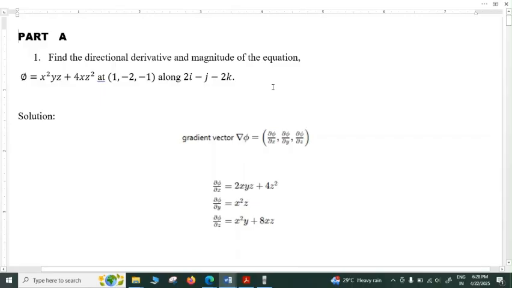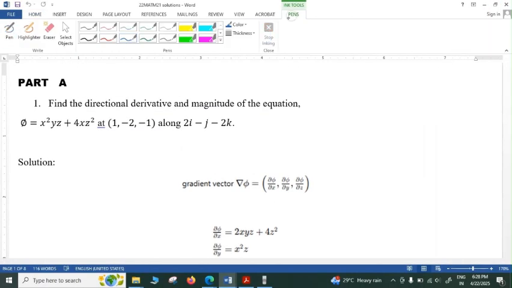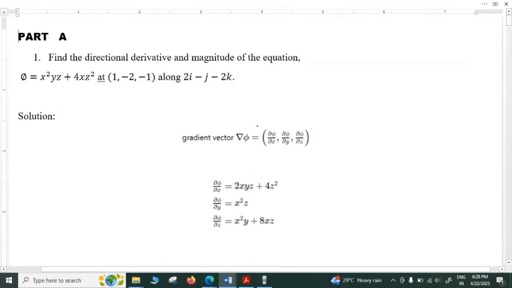As we know students, the gradient of psi, nabla psi, we use this formula: del psi upon del x i plus del psi upon del y j plus del psi upon del z k.